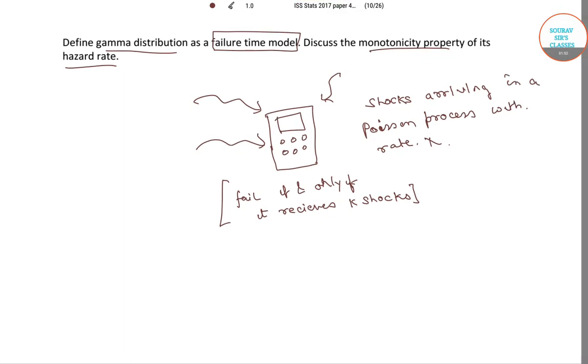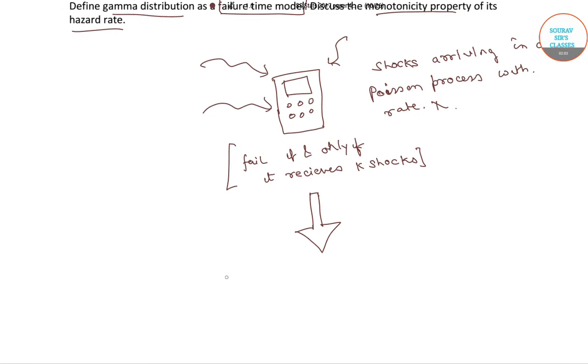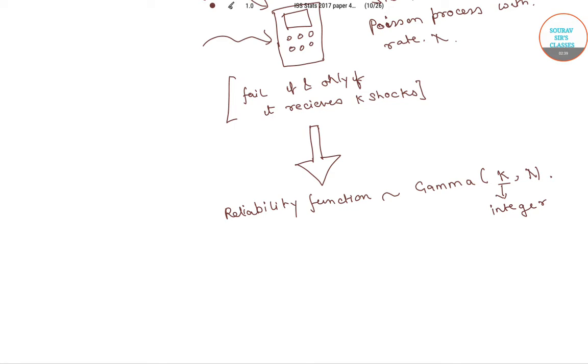Then this model will lead to a reliability function belonging to the gamma family, or gamma distribution, with parameters k and lambda, where this k is an integer.